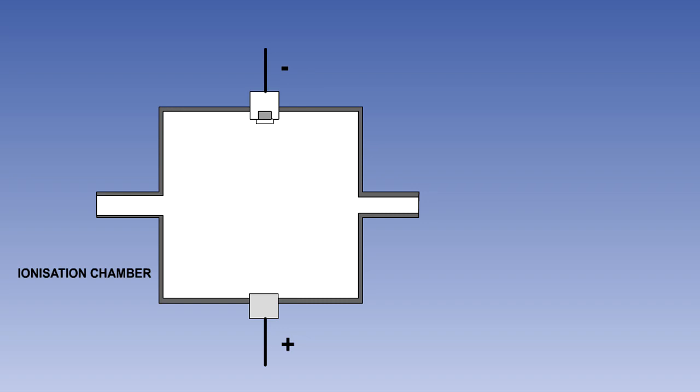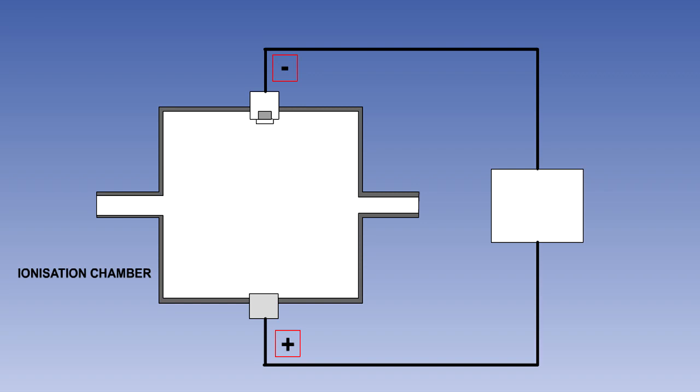Ionization smoke detectors use an ionization chamber and a source of ionizing radiation to detect smoke. The ionization chamber consists of two plates with a voltage across them, along with a radioactive source of ionizing radiation.